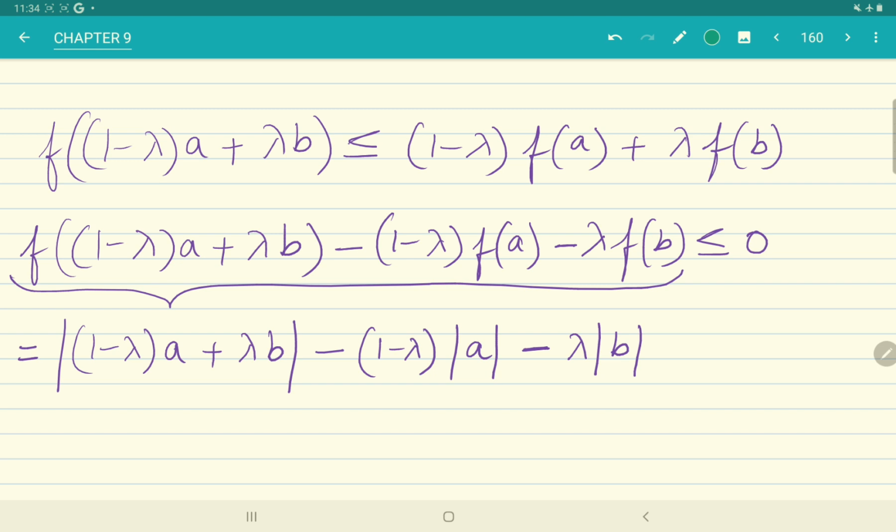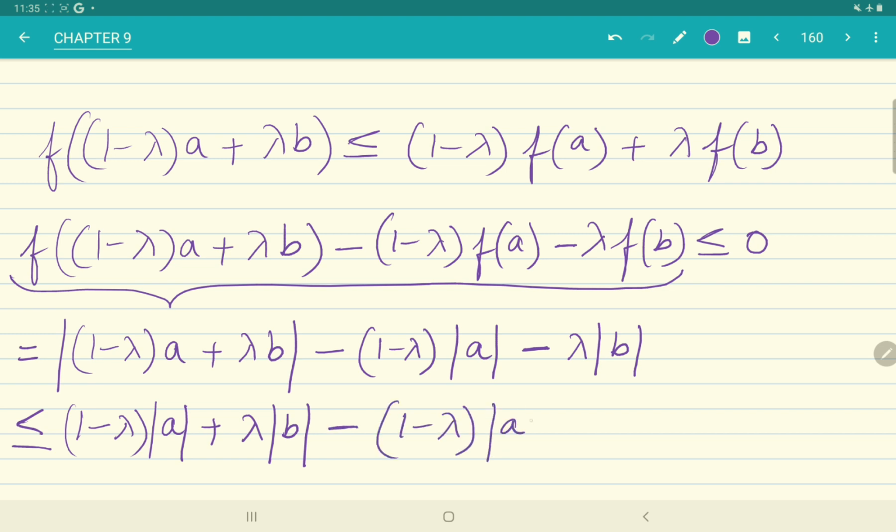That means now I can say this is less than or equal to (1 minus lambda) this plus lambda this, minus (1 minus lambda) this minus lambda mod b.